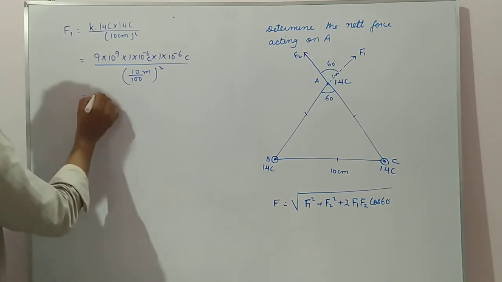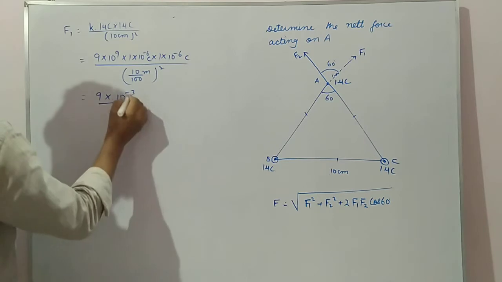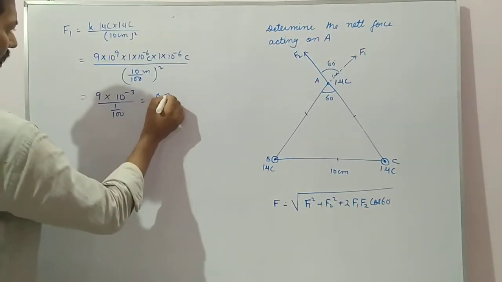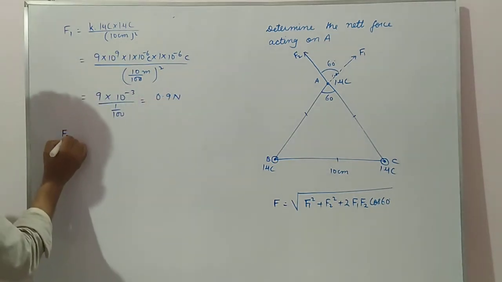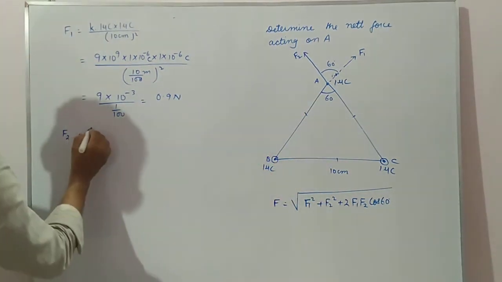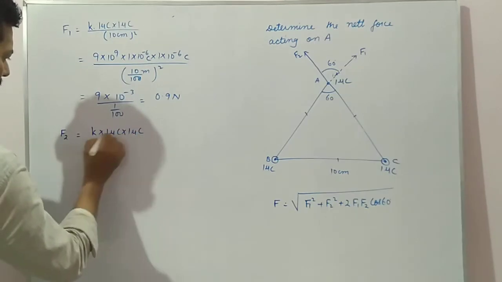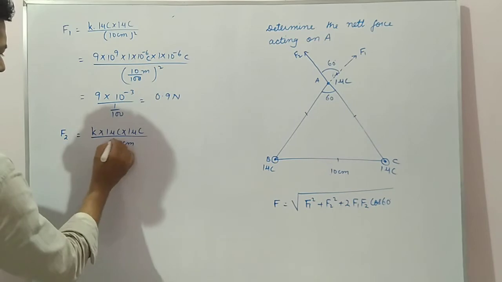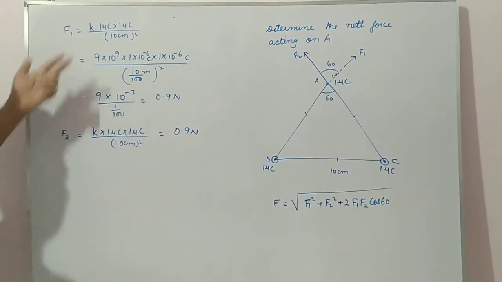So here you get 9 into 10 to the power minus 3 by 1 by 100, which is 0.9 Newton, that is force F1. Similarly F2 is K into 1 microcoulomb into 1 microcoulomb by 10 centimeter, the whole square, and again you will get 0.9. Same data is there.